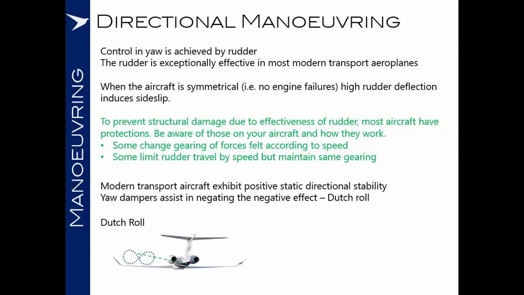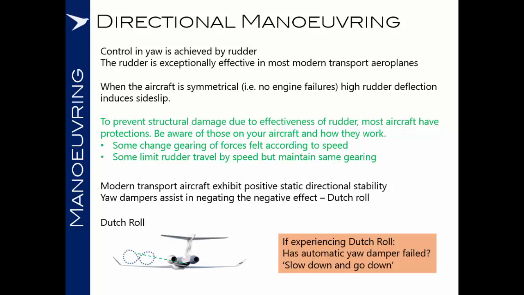Dutch roll can be problematic in as much as there is a potential for it to become divergent. And so if you experience Dutch roll, have a look to see whether your automatic yaw dampers failed. And the rule of thumb is that if you suspect you're in a Dutch roll situation, slow down and go down: decelerate and descend.